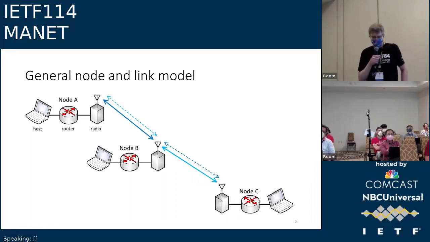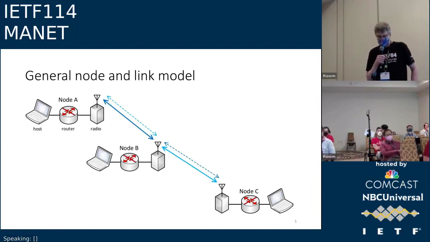But this is the most general model, and this should be supported by our solutions. And you can see here the node in the middle relays, node B. And if it does that for a packet that started its life somewhere in node A, node A is also going to hear the retransmission again. Next slide, please.